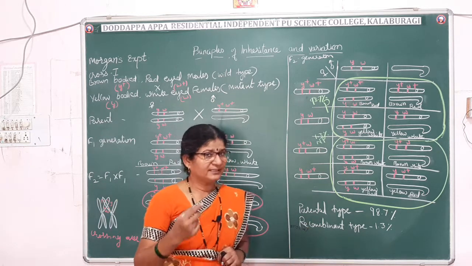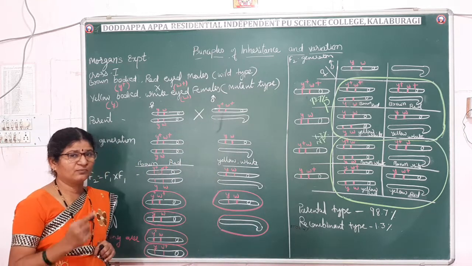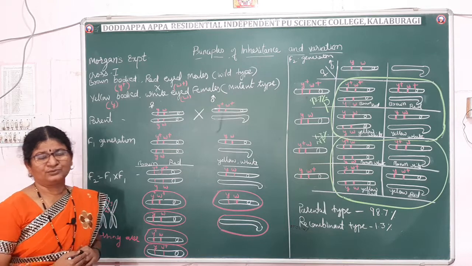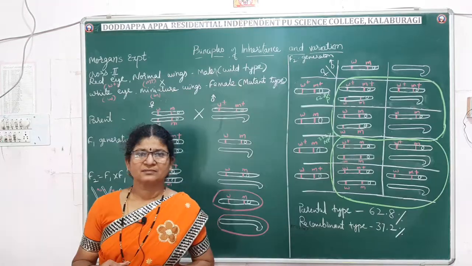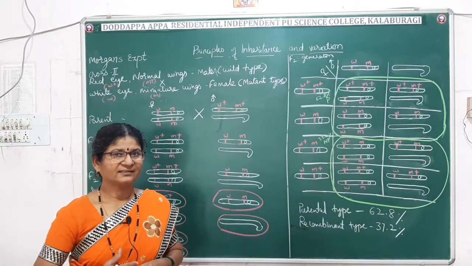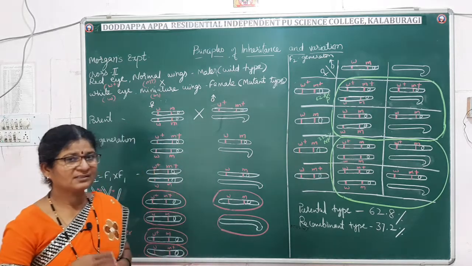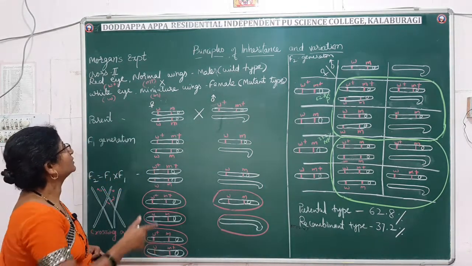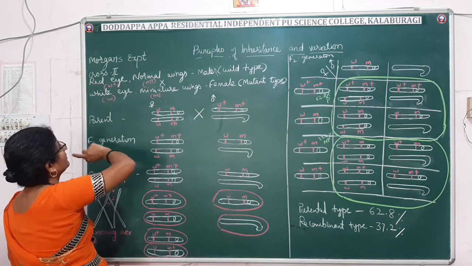So this is the first cross which Morgan did, and let us do the second cross now. Now let us see the second cross, second type where Morgan took miniature and normal wings.